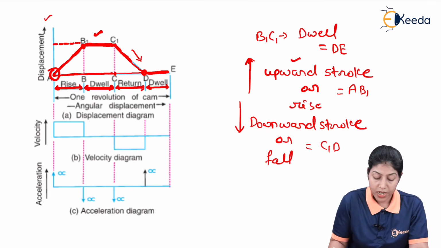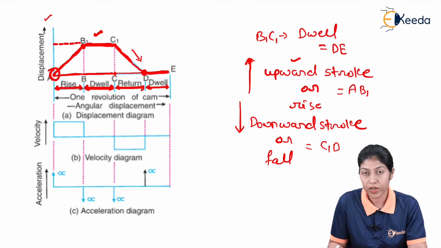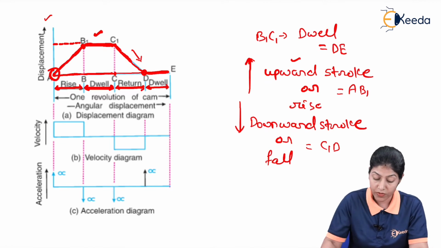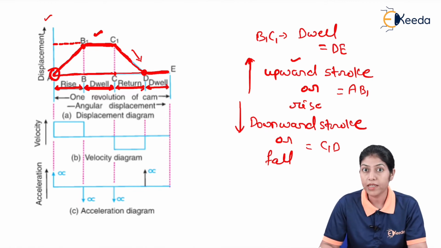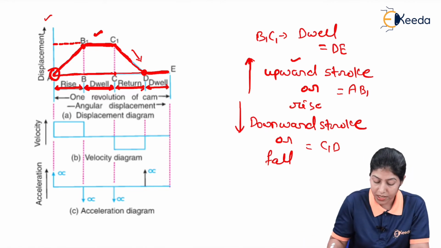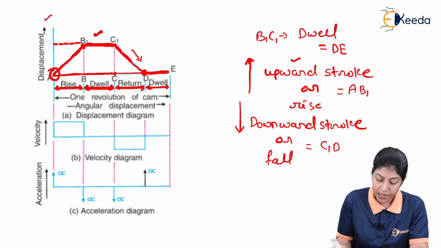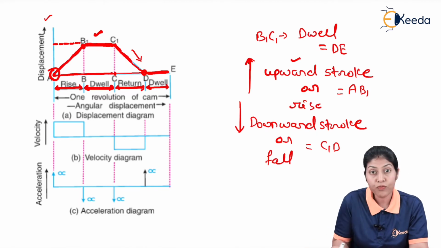So this is about the displacement diagram of the follower when the follower is moving with uniform velocity, and we are considering a knife edge follower. Similarly, if we want to draw the velocity diagram, this horizontal line would be the same. It represents the angular displacement, and this velocity diagram we will define as per the movement of the follower.